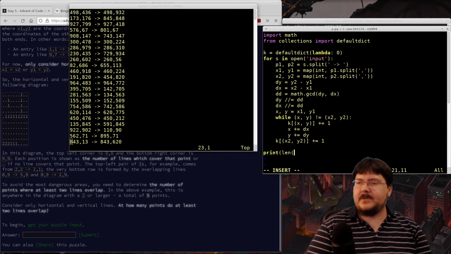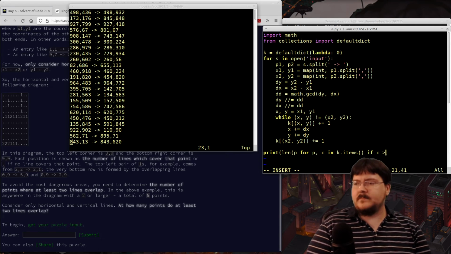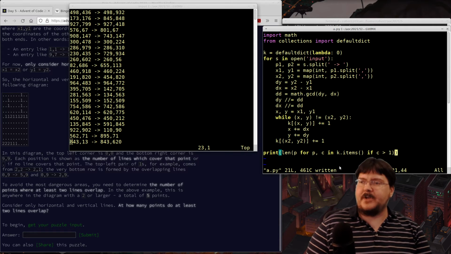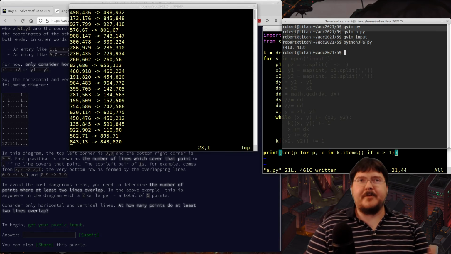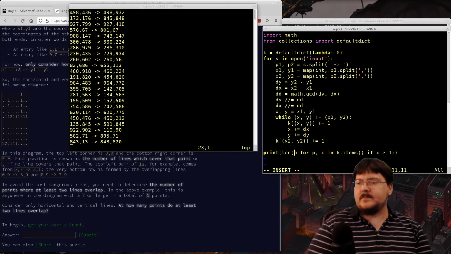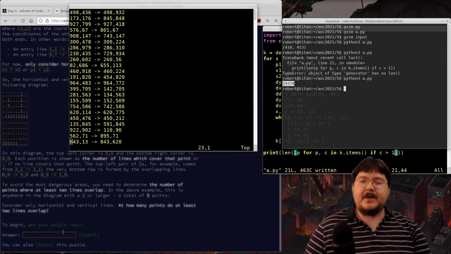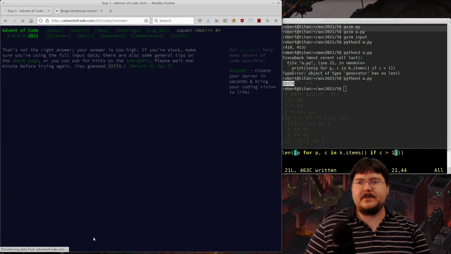So that's going to be c is greater than 1, the number of points. I was going for the most intersected point, which doesn't really mean anything. That's a lot of points, but not really that many in a 1,000 by 1,000 grid.